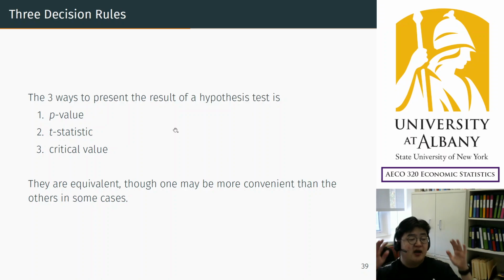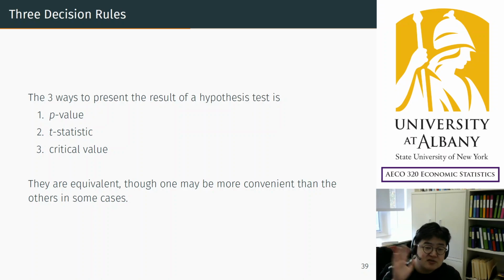By the way, all these decision rules are equivalent. No matter what you use, the decision must be the same. The basic principle does not change. But as I said, it is a way of presentation. For example, in some lecture or some research, instead of the p-value, they may give you the t-statistic.